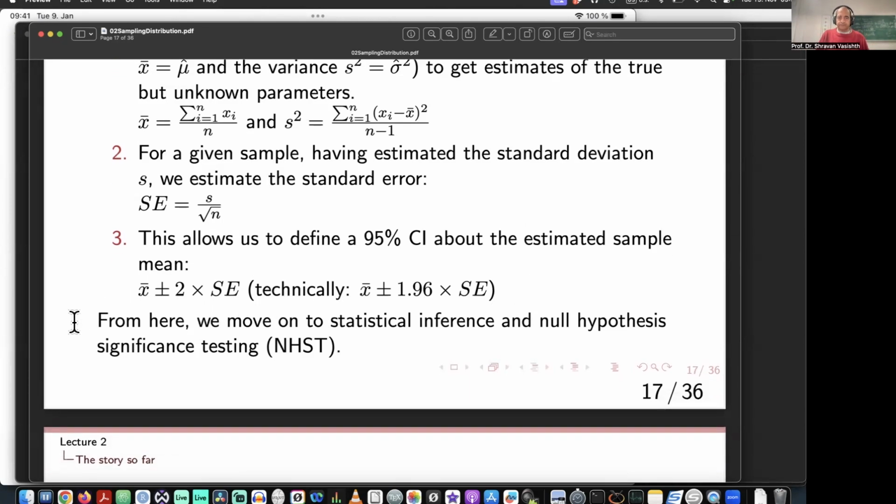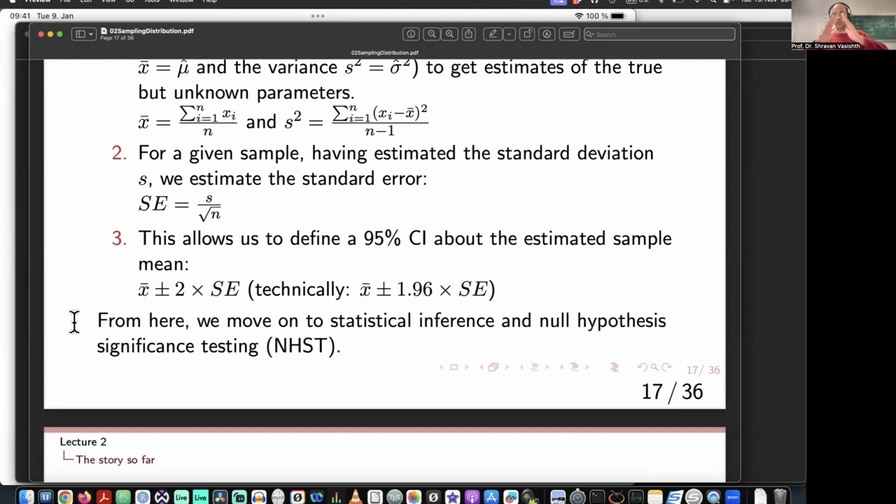And so what we have done so far is estimation. We've just estimated the sample mean. We've estimated the uncertainty of the sample mean under hypothetical repeated sampling, relying on the central limit theorem, because we have a guarantee that the distribution of the means is normal under certain conditions.